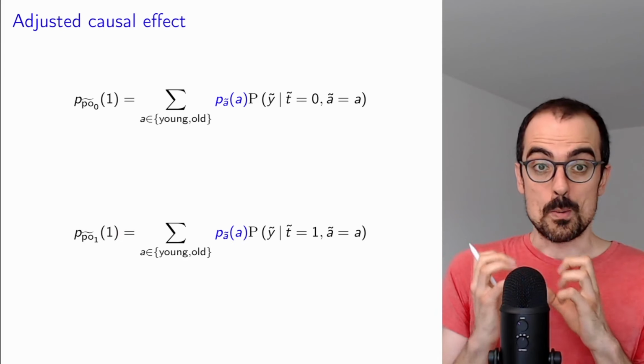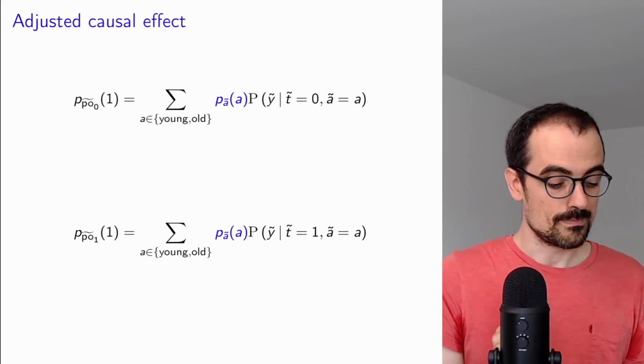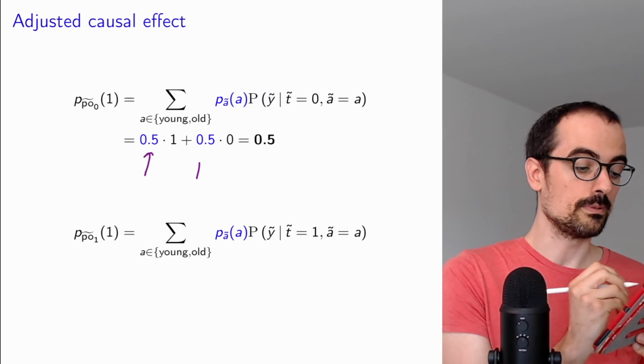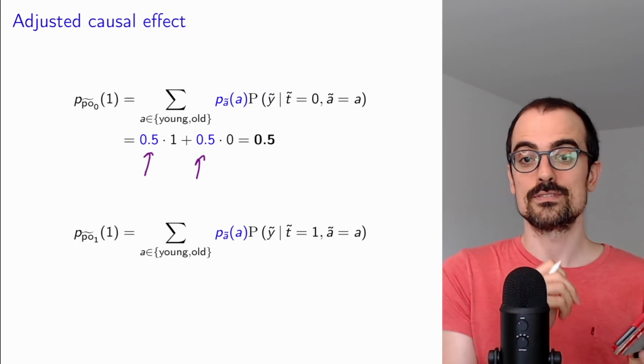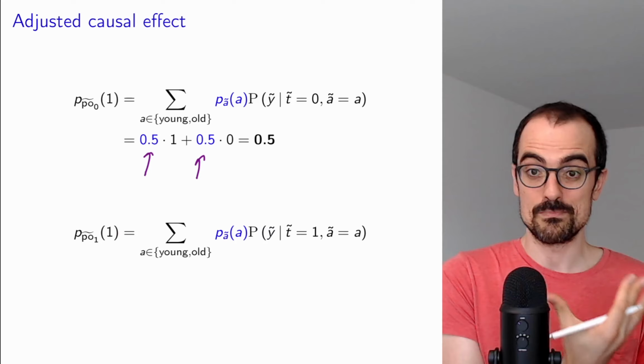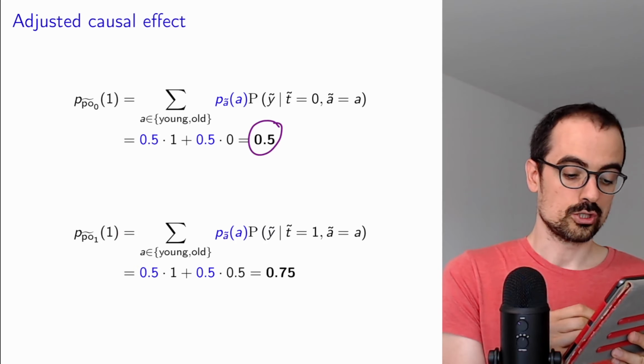And now we just need to combine these two conditional effects, and we have to be careful. We have to combine them using the actual fraction of young people and old people in the population instead of the fraction of young people and old people in the treatment and control groups, which is what was happening before. If we do that, we actually get to observe the true causal effects.